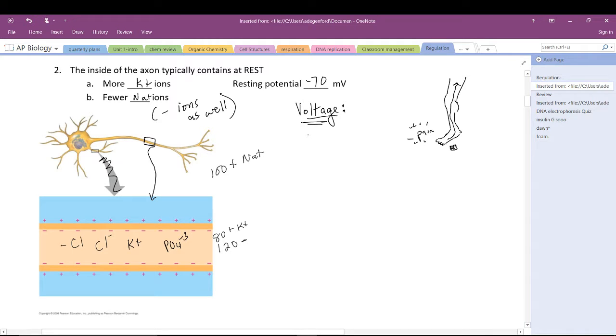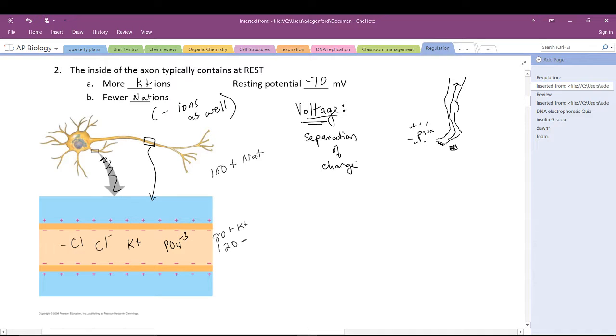Voltage, from an electrical term, is the separation of charge, or charges. Now, when we think about it from our batteries or an electrical plug, we're thinking of those positive and negative charges, electrons, and as the electrons are separated out, then we can have a current flow through them.